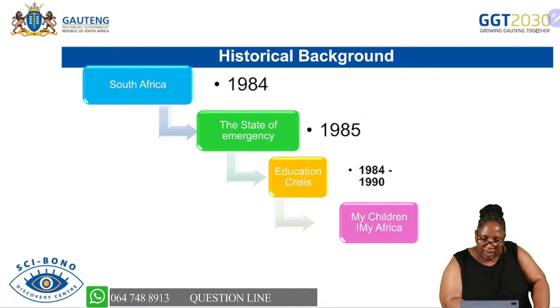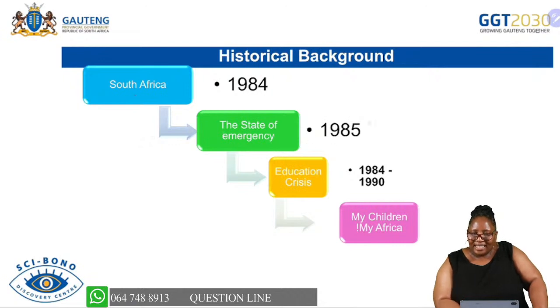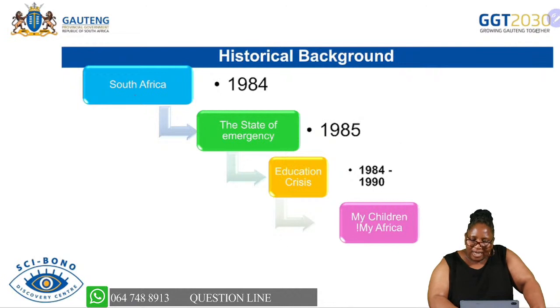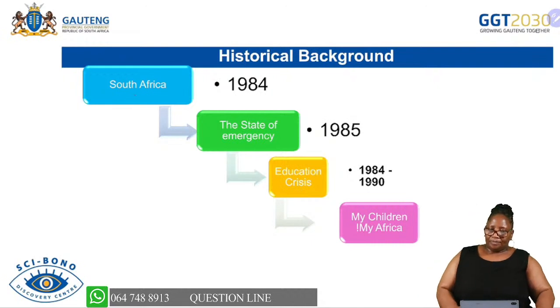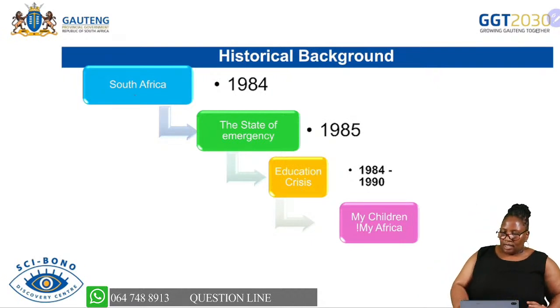It was written in South Africa just before the state of emergency of 1985, when South Africa was going through an education crisis between the years 1984 and 1990. With this, My Children, My Africa was born.